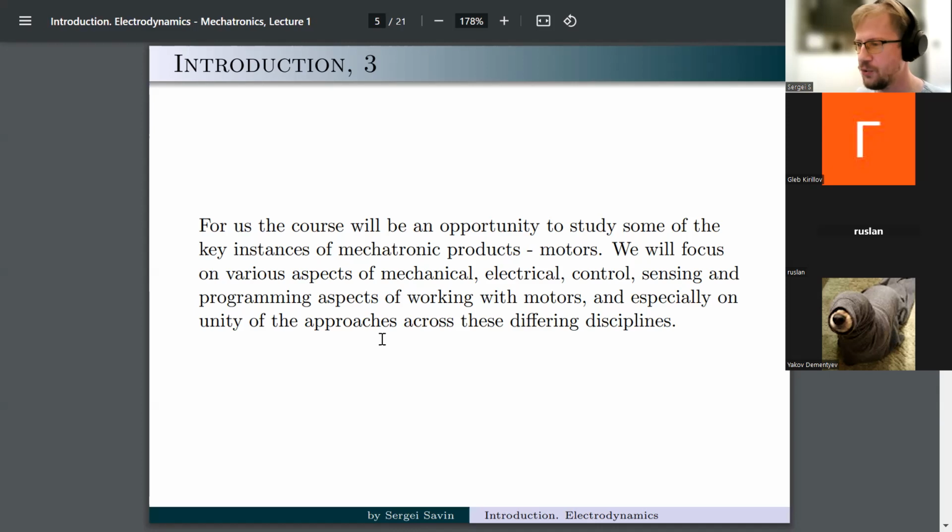This is far from your specialty. Instead, we're going to concentrate on understanding various mechatronic modules, especially motors. In fact, in your program, I think this is the course where you're going to understand motors. The electrical part of the motor, mechanical part of the motor, control part of the motor, model, sensors, everything.